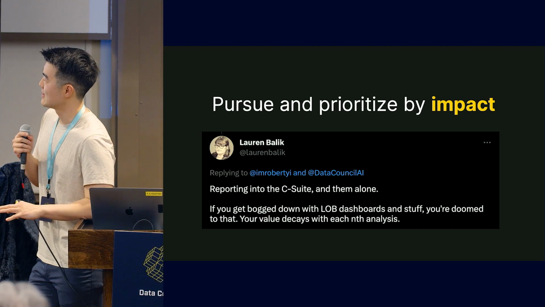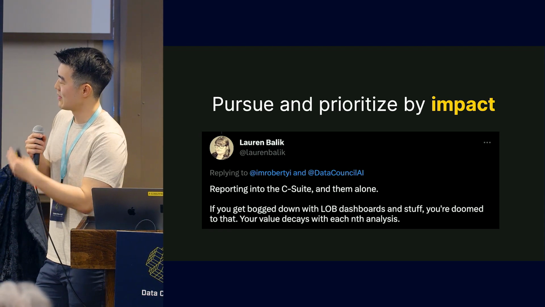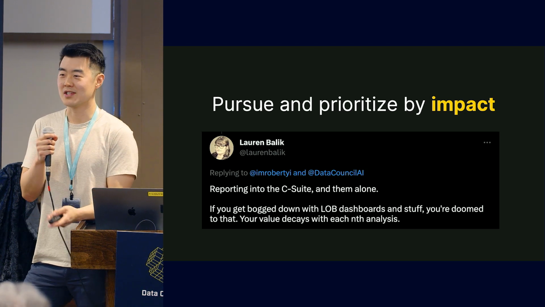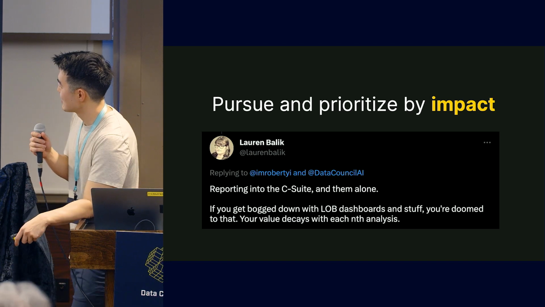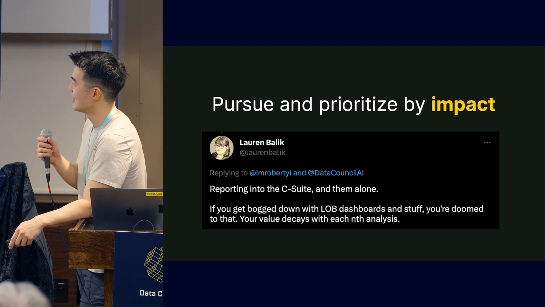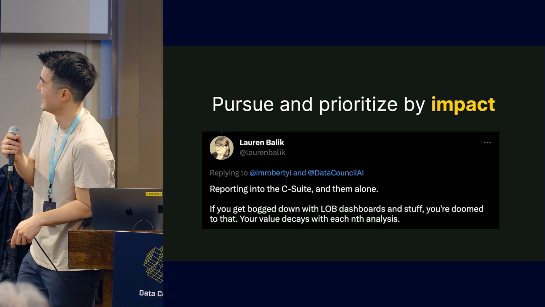I really love this tweet by Lauren Balick. So in response to my tweet about how do you be a 10x analyst, she says you should report into the C-suite and them alone. If you get bogged down with line of business dashboards and stuff, you're doomed to that. Your value decays with each nth analysis, and this is freaking ridiculous.